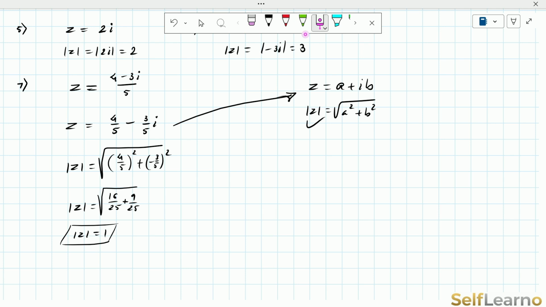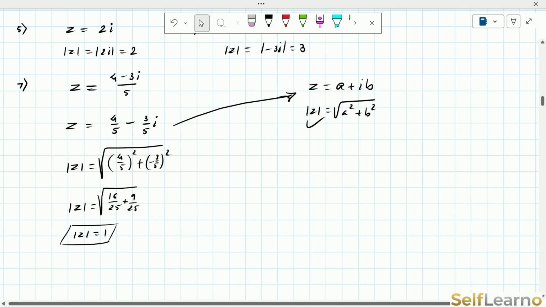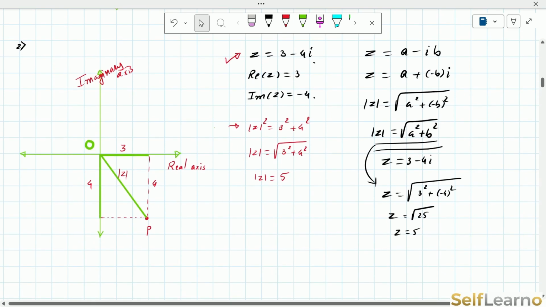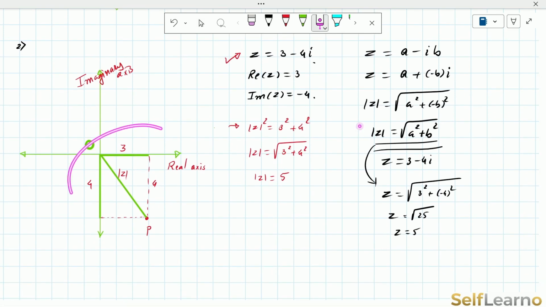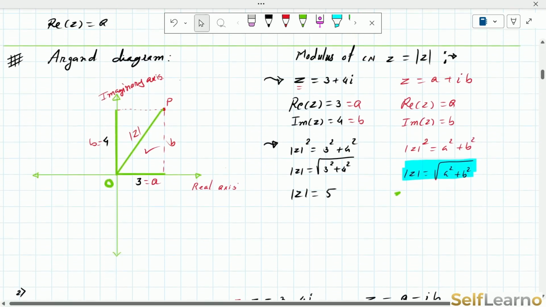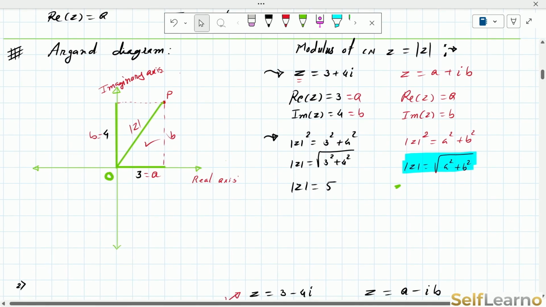In all these cases, we need the complex number in the standard form. This standard form is also called the rectangular form because it forms a rectangle over here. So it is just the beginning of a very huge concept.